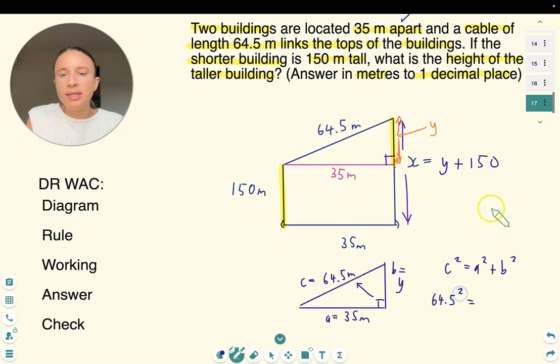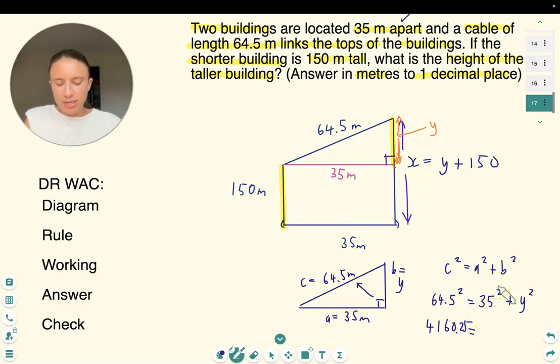64.5 squared equals 35 squared plus y squared. And simplify on each side. So 64.5 squared is 4160.25. And 35 squared is 1225.